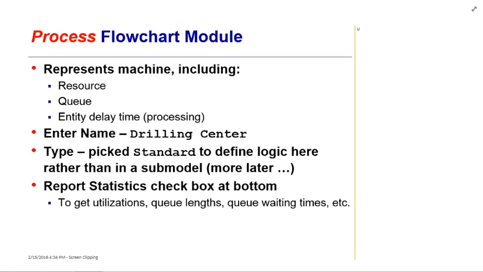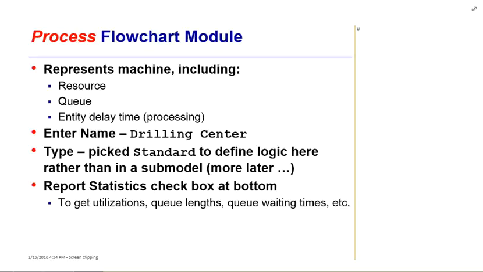So the key points of that: again, a name. I give it a name that means something to me within the context of the simulation. I pick whether it's a standard process, or the other option, a submodel. That's basically creating a little subroutine outside of the standard simulation.